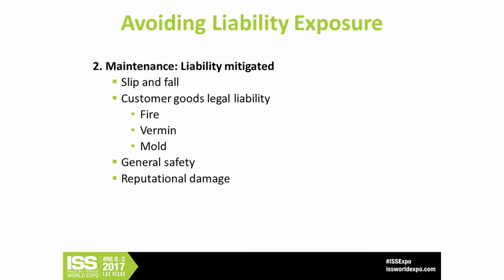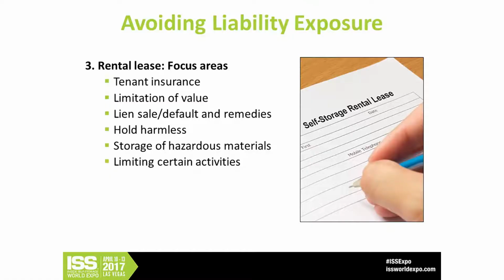Basically general safety is going to be in place. And the maintenance is going to help us from a reputational damage standpoint. Like we talked about, everyone has a camera on their phone today, and people are quick to push out a picture of anything they see. So it only creates reputational situations that you want to avoid.